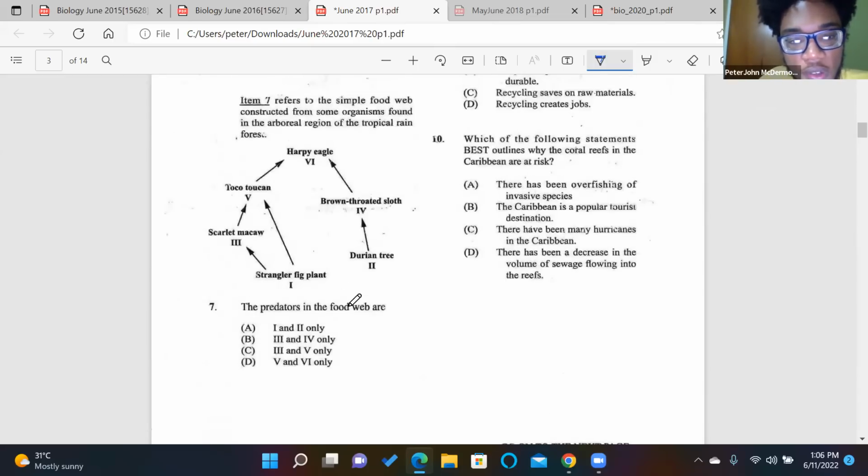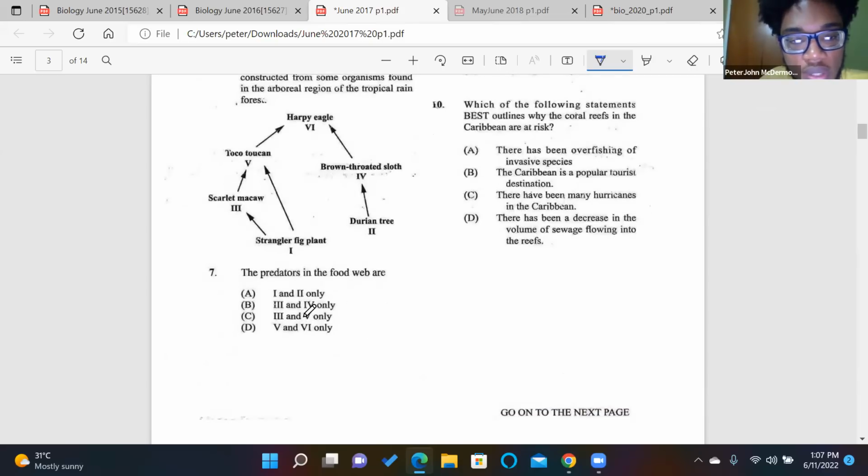The predators in the food web are, what do we call a predator? Let's look at the numbers. Can one be included? One is a plant, so we can't have one. We cross this out already.